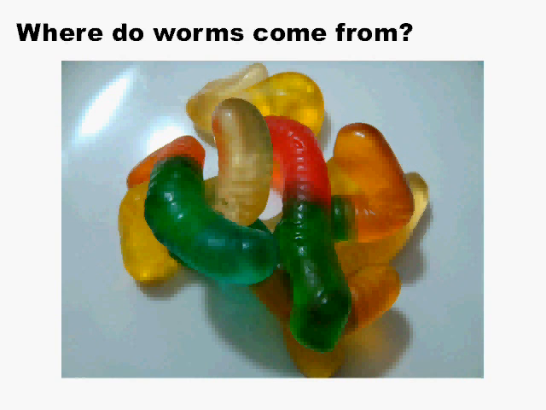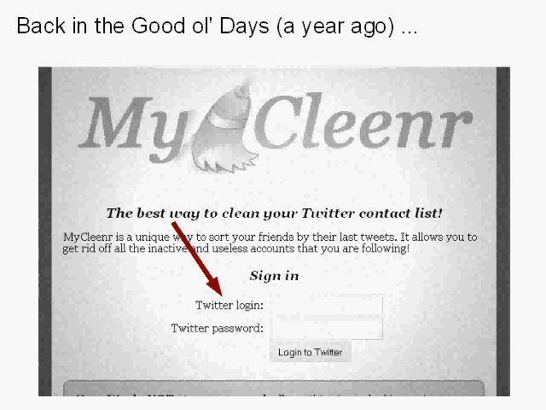So let's go back to where these worms come from to begin with. How do they get into the Twitter system? Well, back in the good old days, you used to have to type in your Twitter username and password to access a particular Twitter app, these applications that utilize the Twitter API.